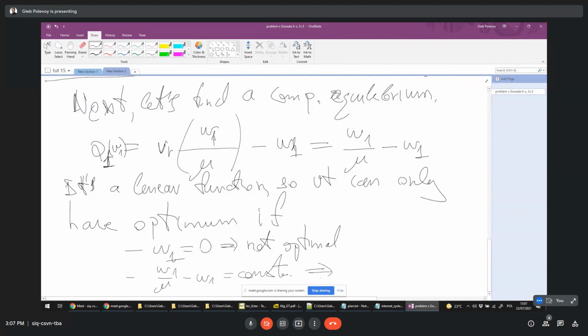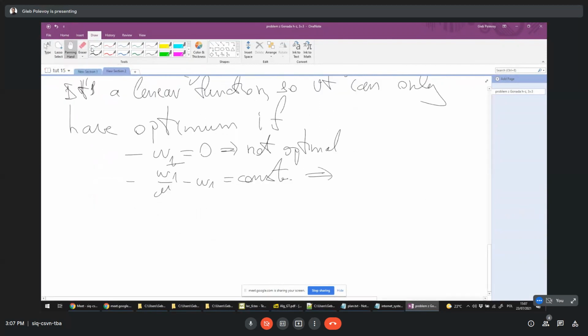It can only be if that's 0, because at 0 it is 0. It can only be that W1 divided by mu minus W1 is equal to 0, and that means that mu has to be equal to 1. When can the price be 1?